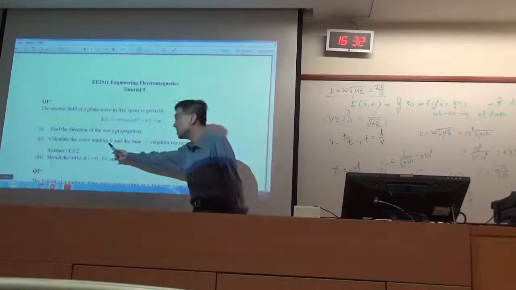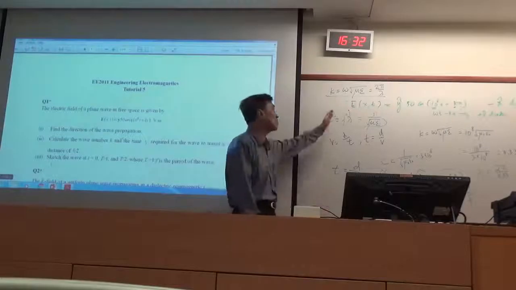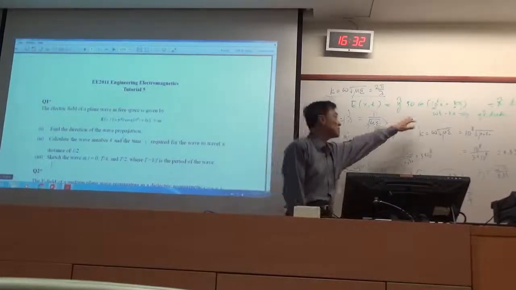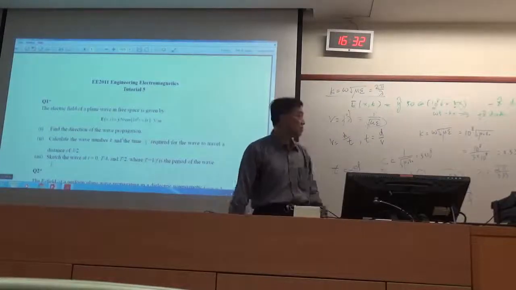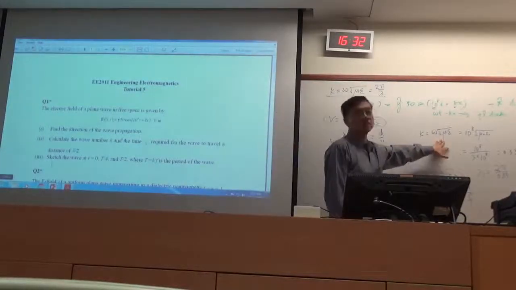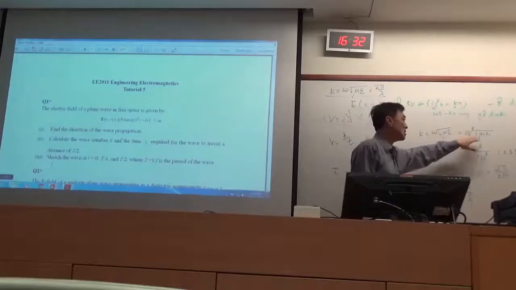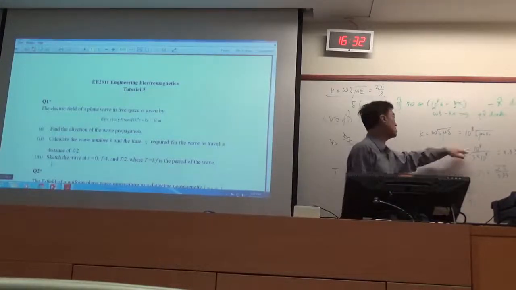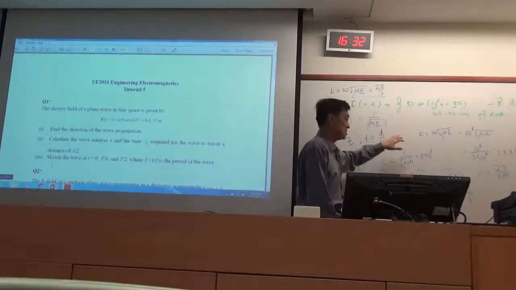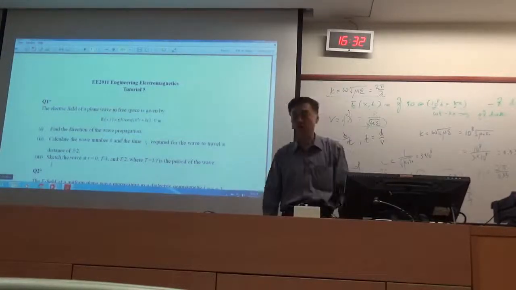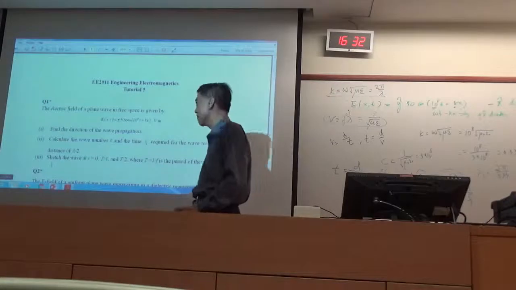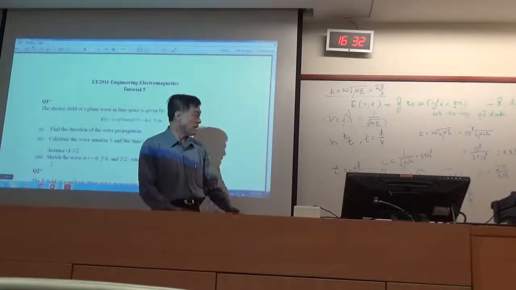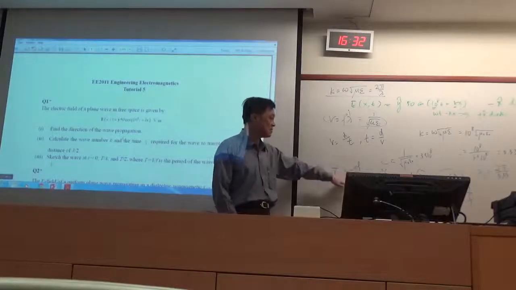Wave number, very simple: wave number k equal to omega square root of mu epsilon, and omega is given here, 10 to the power of 8. Square root of mu epsilon: well, free space, mu equal to mu naught, epsilon equal to epsilon naught. You use your calculator, or you know this, just substitute in and there you go. Alright, and then the time: time is equal to distance divided by velocity.